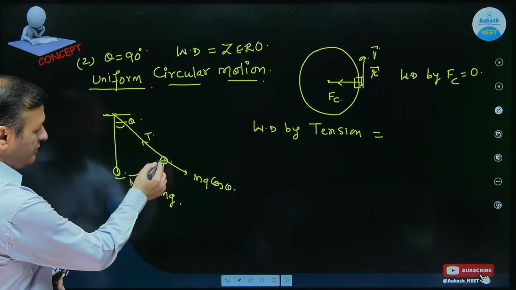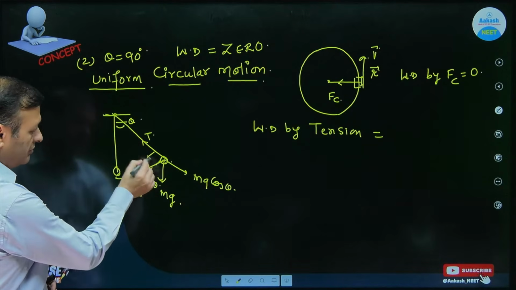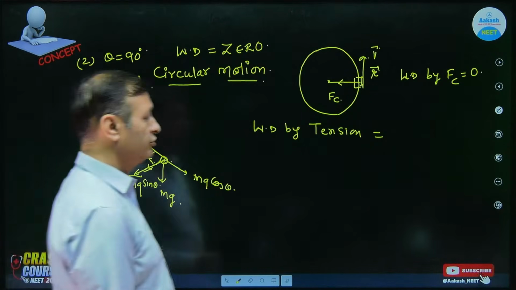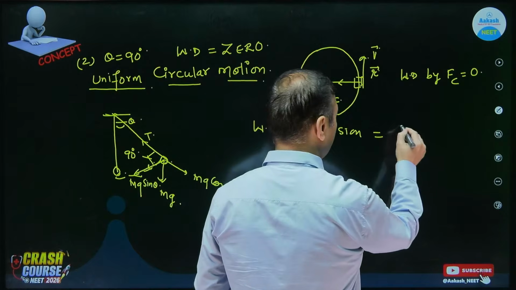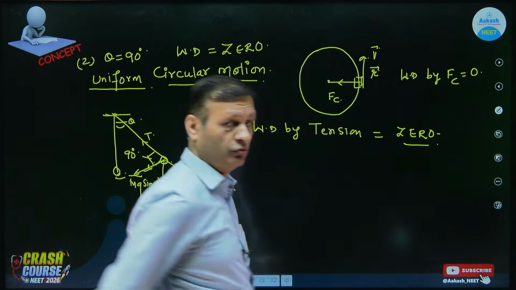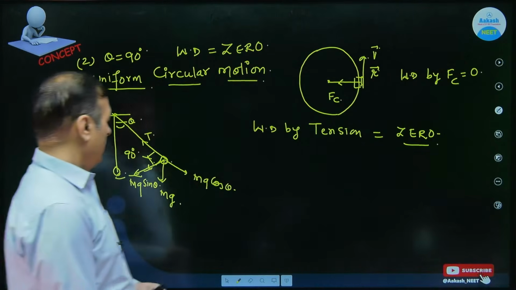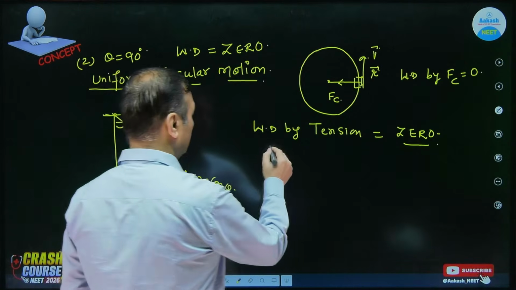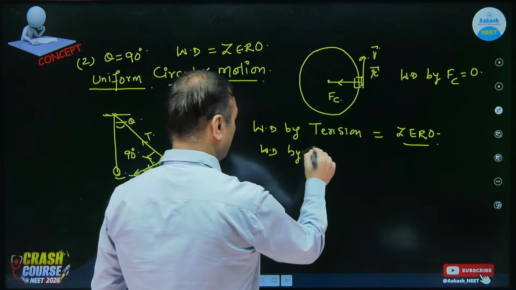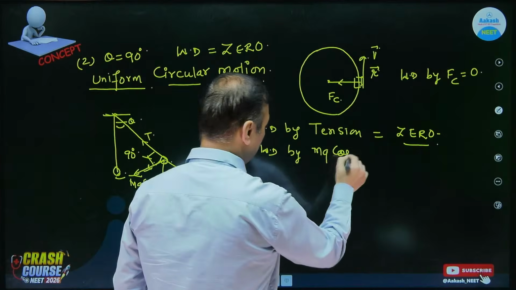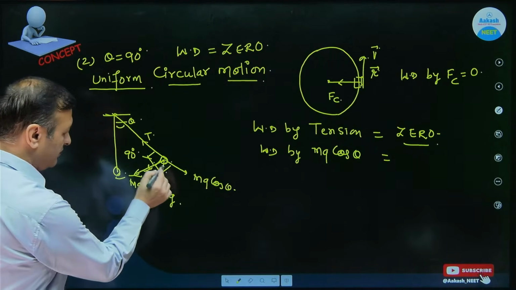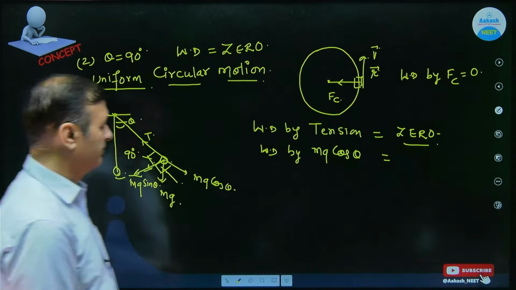As you can see, this displacement vector is again normal to the tension. So work done by this tension is also 0. And work done by mg cos theta, if you can see this mg cos theta and displacement, they are still perpendicular to each other.